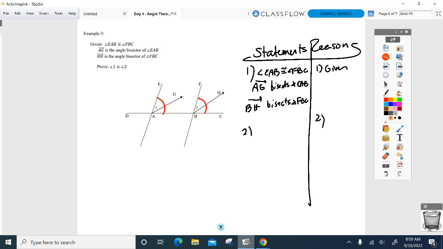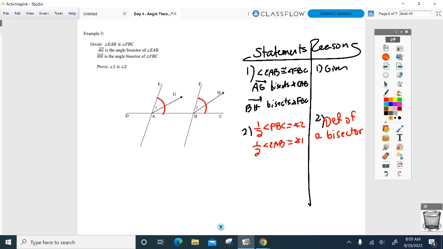I got half of FBC equals angle 2. And I got half of EAB equal to angle 1, definition of a bisector. Anytime you take half an angle, it's going to be because of the vocabulary term, whether it's bisector or midpoint.